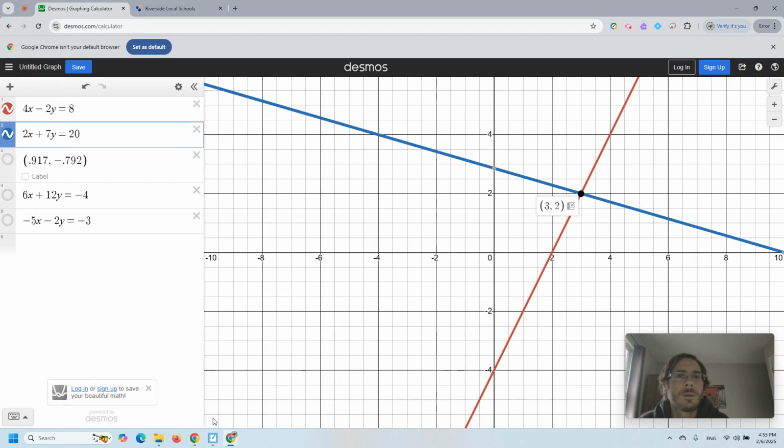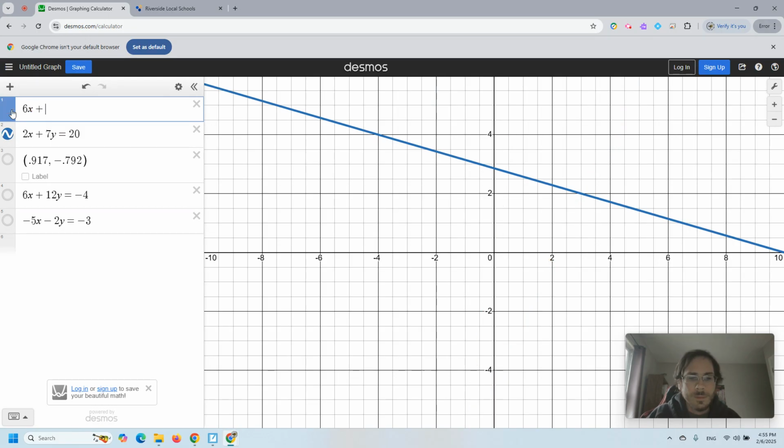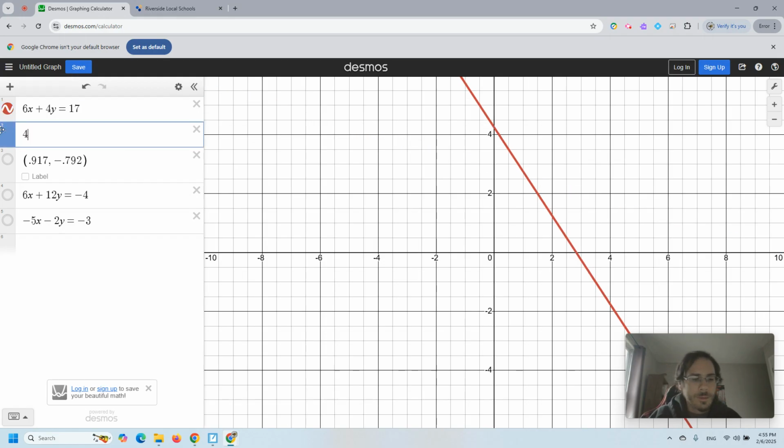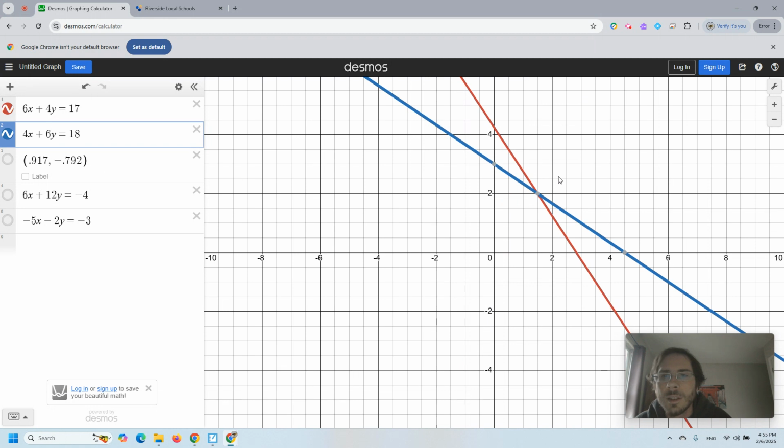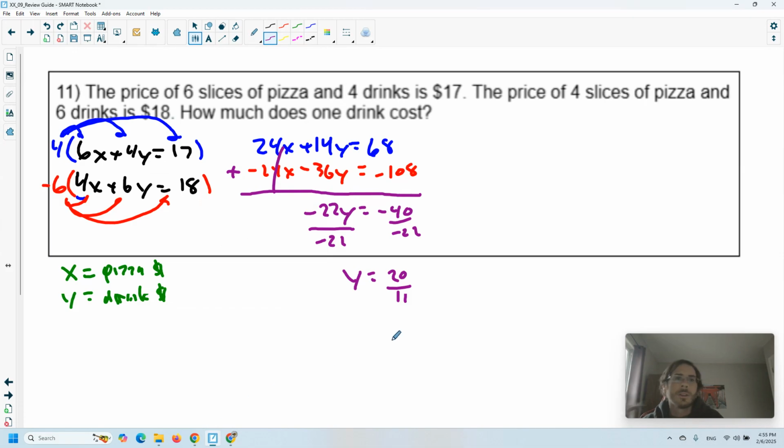So 6 and 4 is 17. Oops. And then we had 4, 6, and 18. All right. Yeah, they got 1.5. All right, so let's go back and let's double check. So this is a good thing that we have with the graph here.